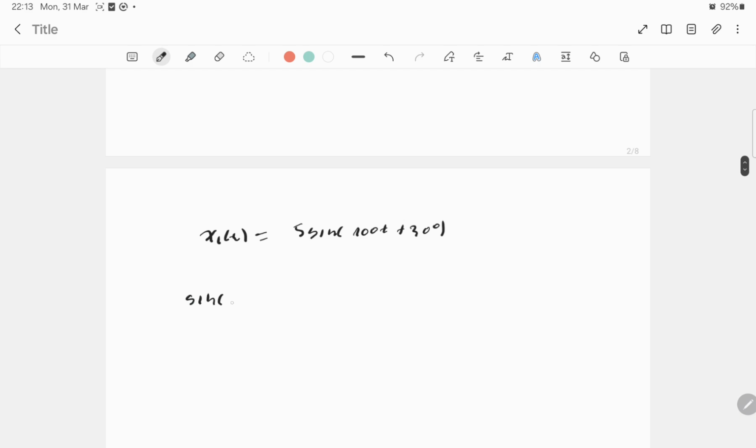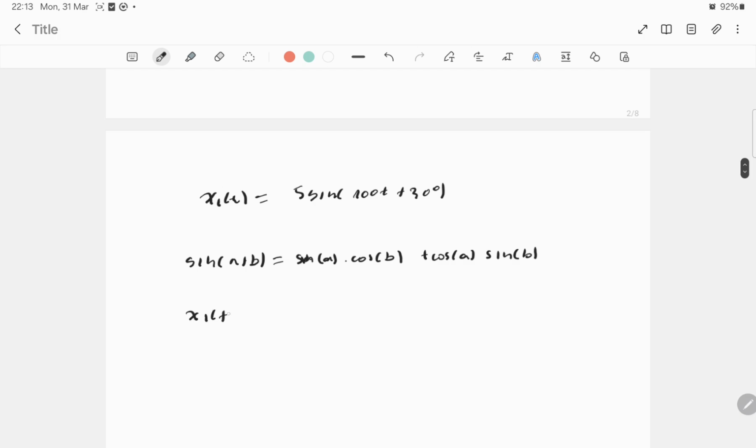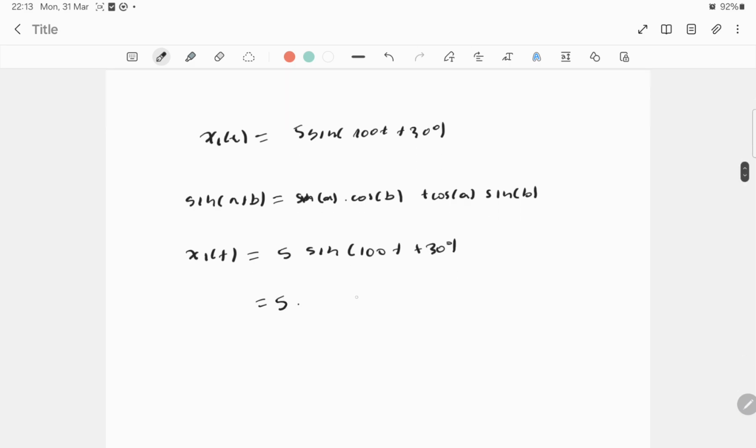We use the identity that sine(A + B) equals sine A cos B plus cos A sine B. So my x1 of t equals 5 times sine 100t cos 30 degrees plus cos 100t sine 30 degrees.